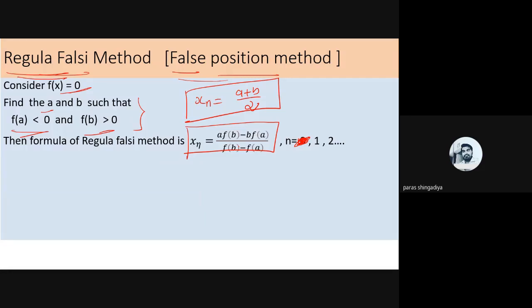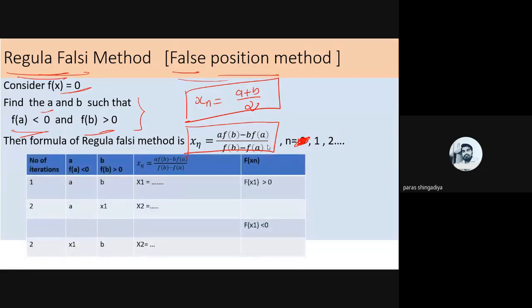It is a similar pattern, but the formula is changed. In place of a plus b by 2, we'll use this formula: a into f of b minus b into f of a divided by f of b minus f of a. Clear? So for this we'll prepare a table and add two more columns for the values of f of a and f of b, because they are required in this formula.